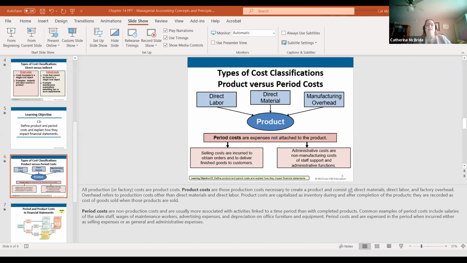That's indirect. It's not directly related to the soccer ball. I can make the soccer ball without the security. Coolants for the machinery. That's also indirect because it's not directly related to the actual soccer ball. I need it to operate the equipment, but all the equipment in general, not just to make the soccer balls.